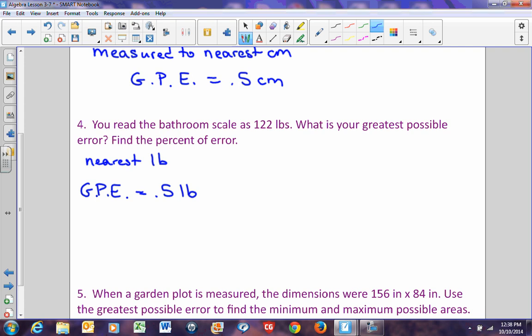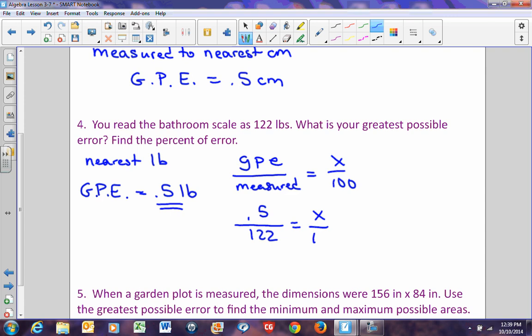To find our percent of error, we take the amount of error, the greatest possible error, over the measured amount, and that equals x over 100. So our greatest possible error is half a pound. We measured 122 pounds, and that equals x over 100.